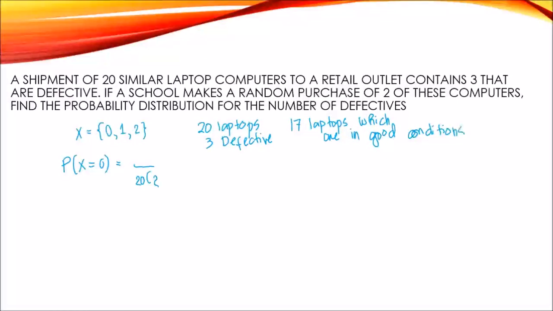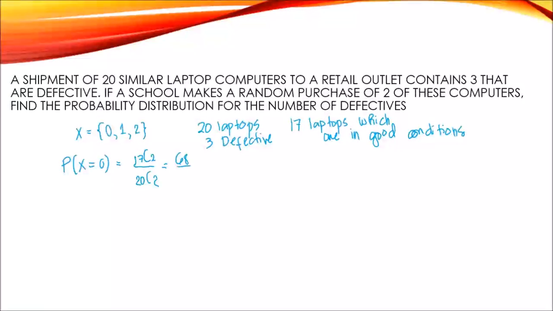So the number of combinations of laptops in good condition is 17 combination of 2, divided by the 20 combination of 2, that is equal to 68 over 95.